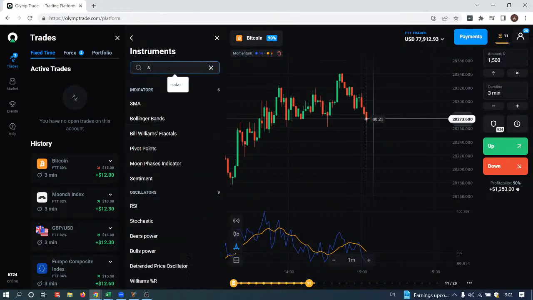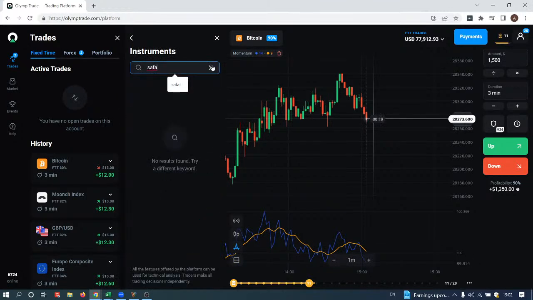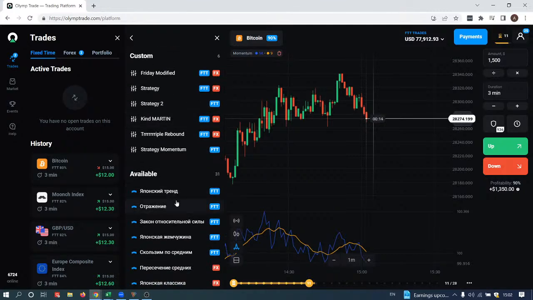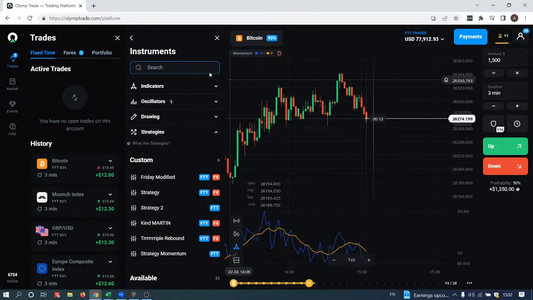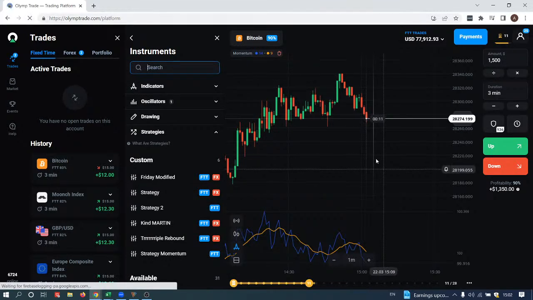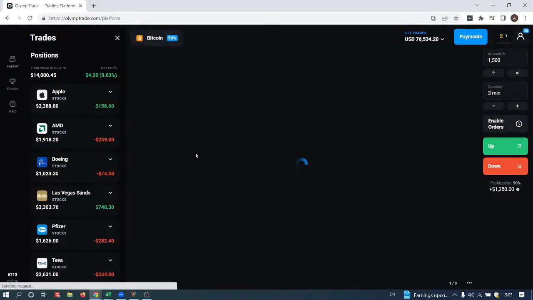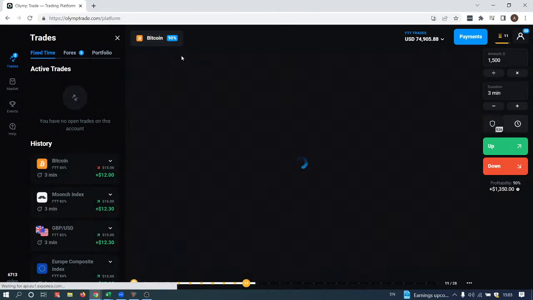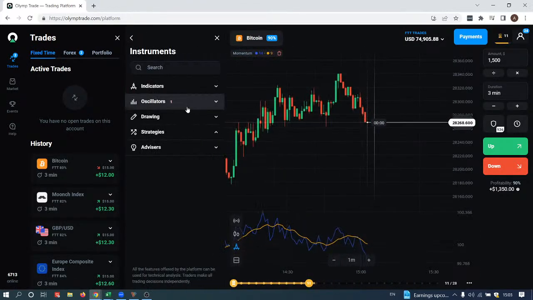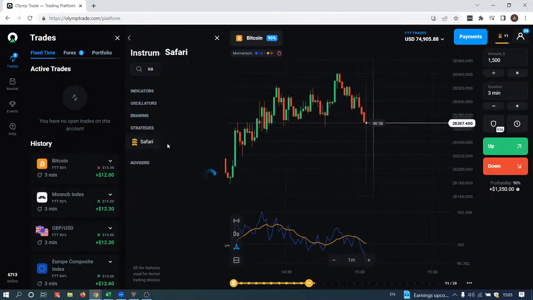So I either need to start typing Safari here. Safari, where are you? Why is it again not in English? Let me go ahead and reload the platform. Yes, here it is.